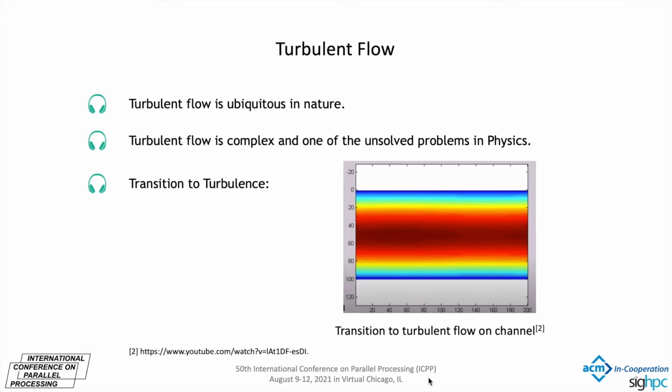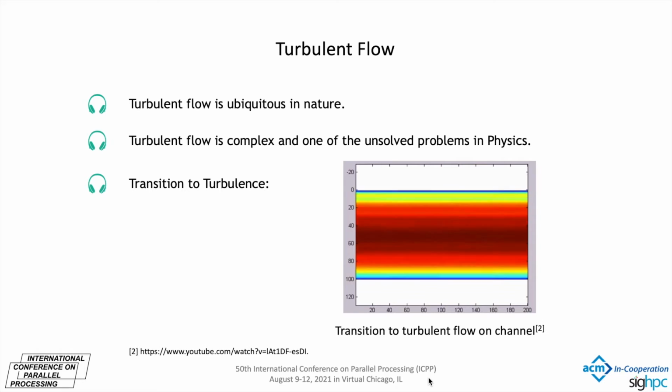Turbulent flow is everywhere in nature, but it is very complex, so it is called one of the unsolved problems in physics. The direct way to simulate turbulence is like in this video. At the beginning, the fluid is laminar, which is very steady, and then there are some fluctuations, and then it gradually becomes turbulent flow.